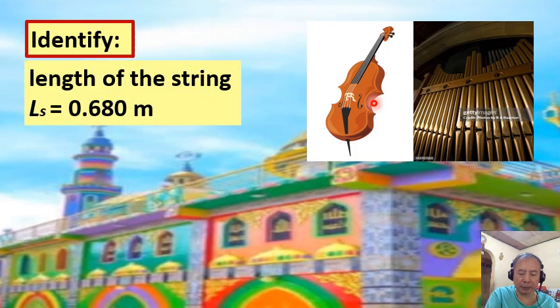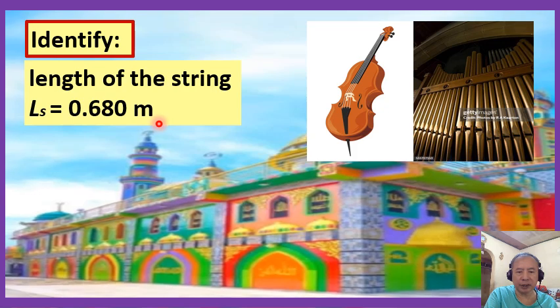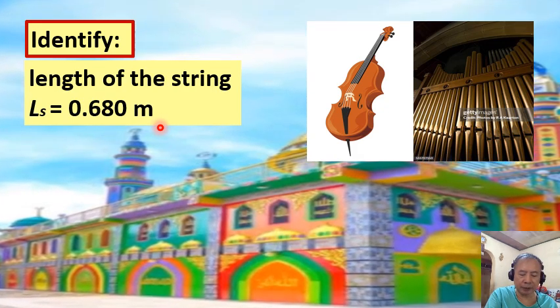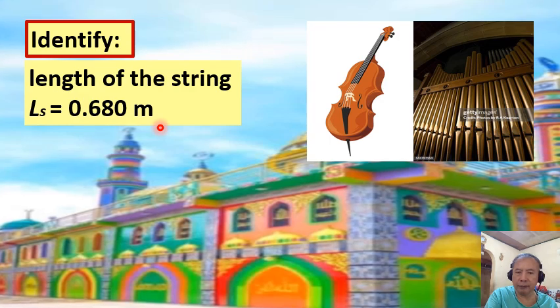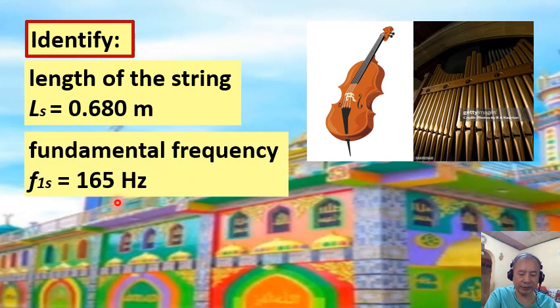One of the strings of the bass viol has a length of 0.680 meters, and it has a fundamental frequency of 165 Hz.